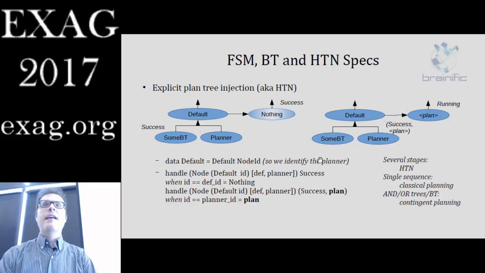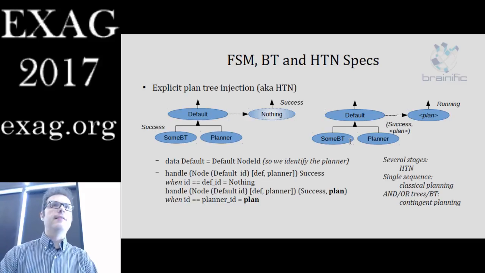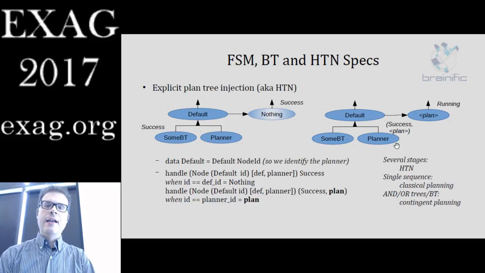But on the other hand, the planner may find another plan that is more useful or more appropriate for the situation at hand. So in this case, this running behavior tree is discarded, all its behaviors and detectors are discarded, and this event carries a plan, which is basically another tree that has been created on the fly and is attached instead of this process.